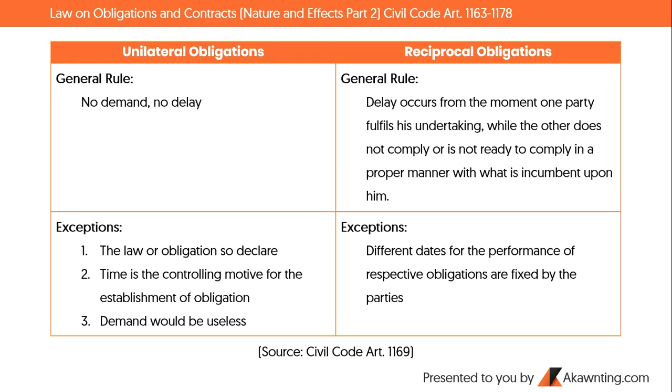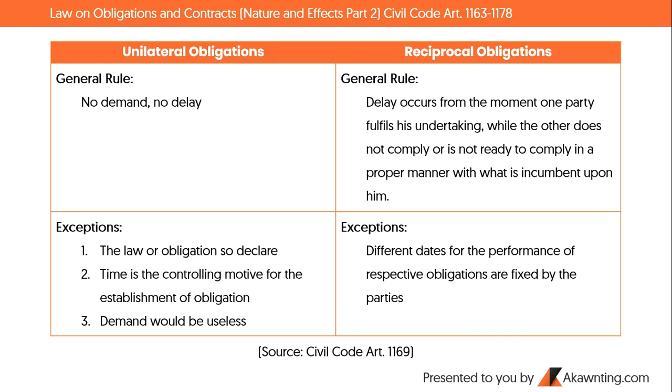So under bilateral, I mean, there are two types. So we have reciprocal obligations and non-reciprocal obligations. So reciprocal obligations actually are obligations wherein there is no kumbaga nabanggit, okay?